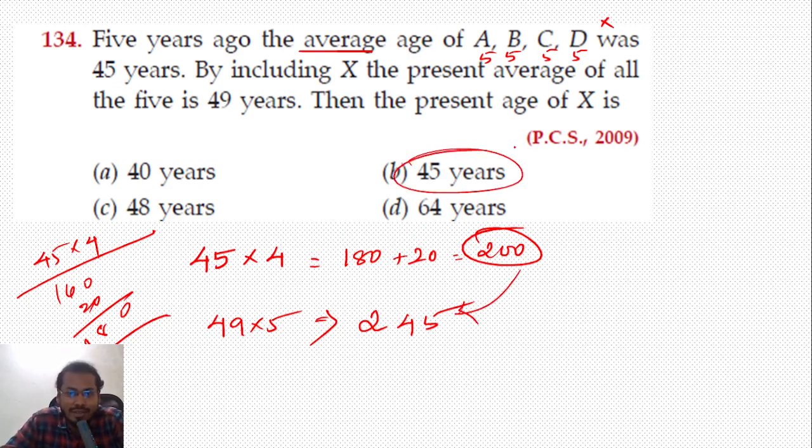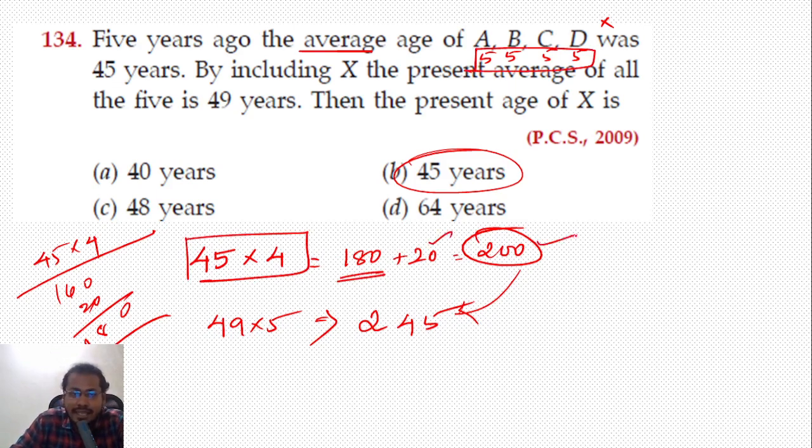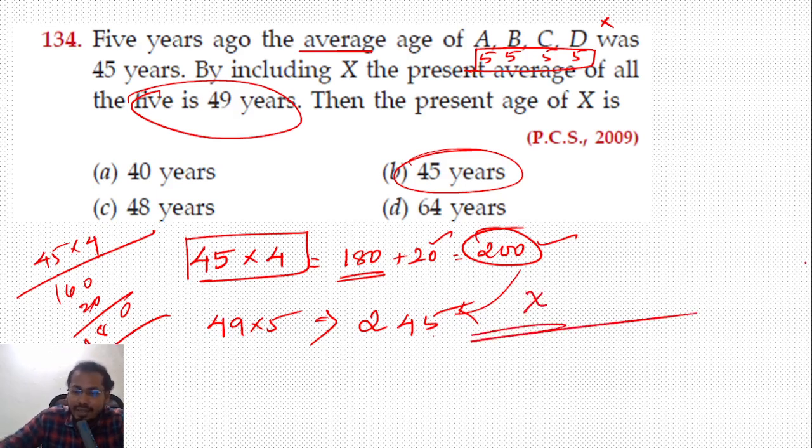That's all there is to it. Once again, 5 years ago this total was 180. After 5 years, each person's age increases by 5, so add 20. At present their age total is 200. If you take all 5 persons, it's 49, so 5 into 49, that is 245. The difference between these two is the value of X.